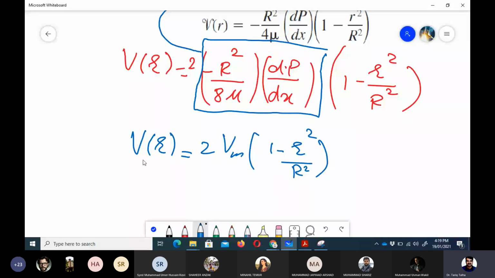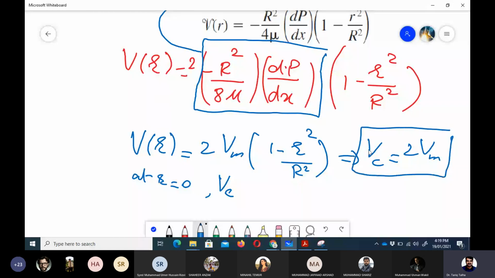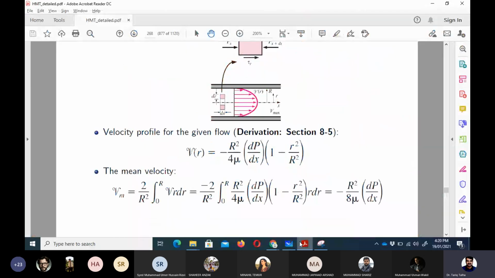Then if we put r equal to 0, which is the center line, the center line velocity becomes equal to 2Vm. So at the center line of the pipe we would have the maximum value, which would be 2 times the mean velocity, and at the pipe surface we would have zero velocity when we put r equal to capital R. That is what we have learned from our FM2 course, I hope.